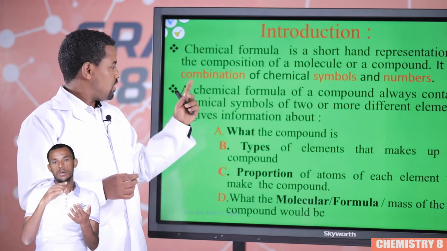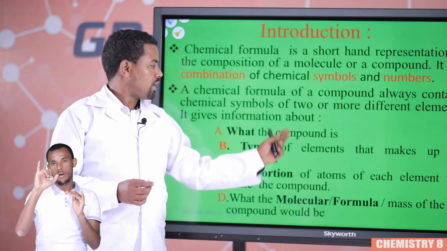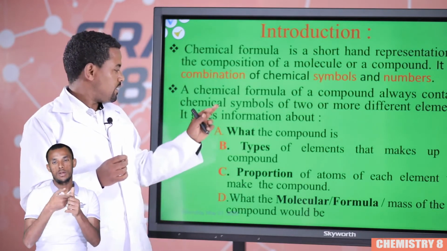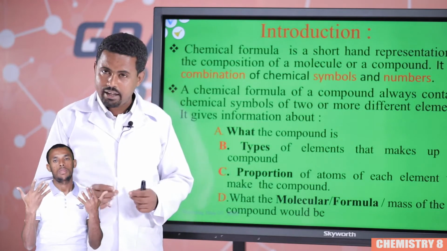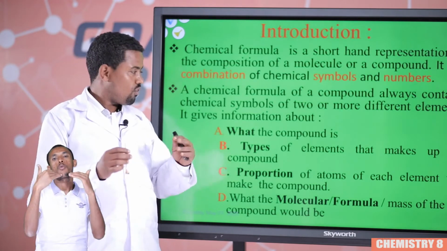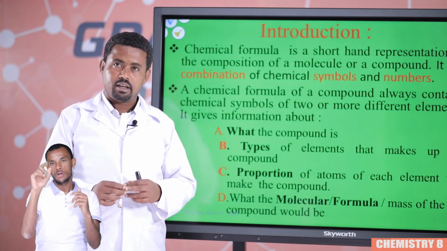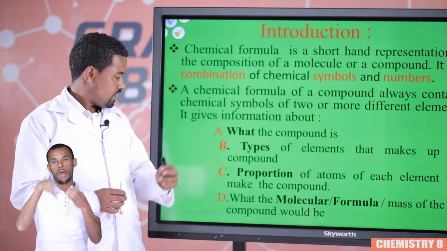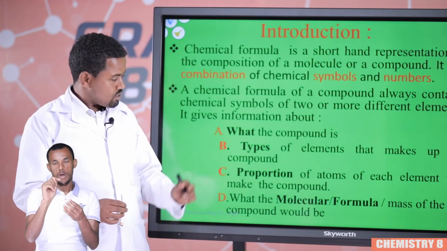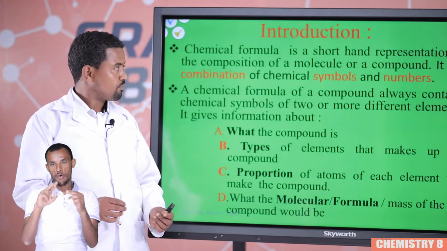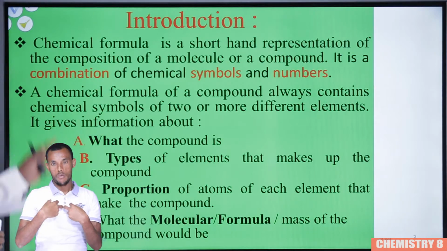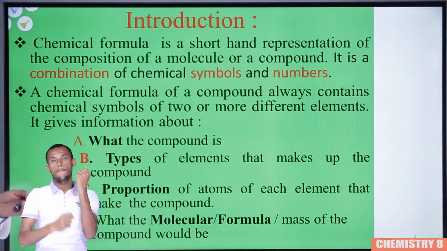For example, we can understand what the chemical compound is, the types of elements that make up the compound, the proportion of atoms in the given chemical compound, and we can have also the molecular mass or formula mass of a compound. Based on the formula of a compound, we can have such basic informations.